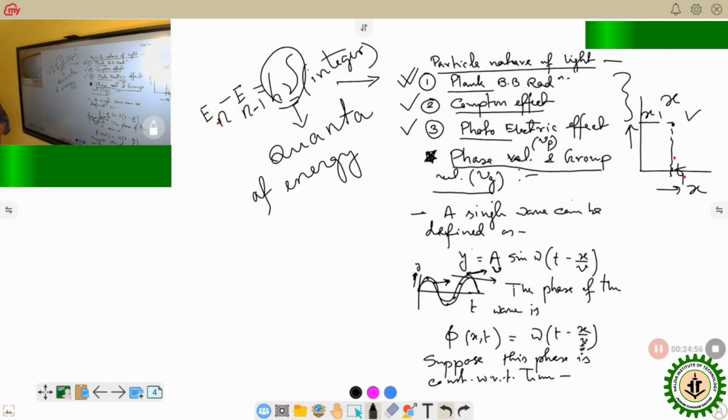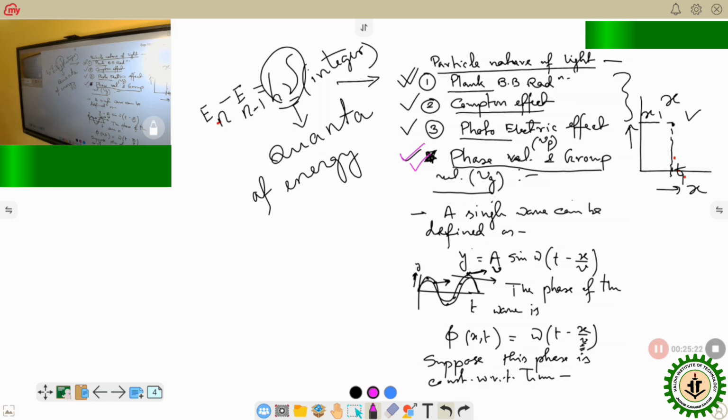In order to relate them, we have proposed that we learn about phase velocity and group velocity.